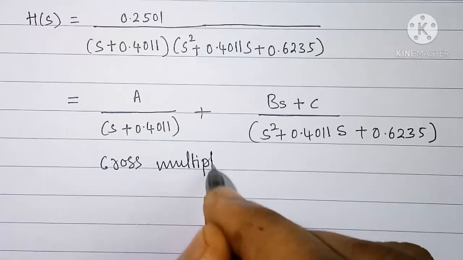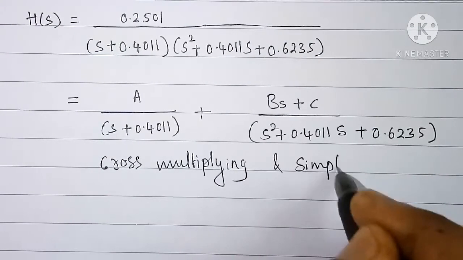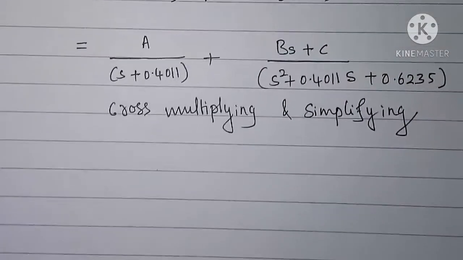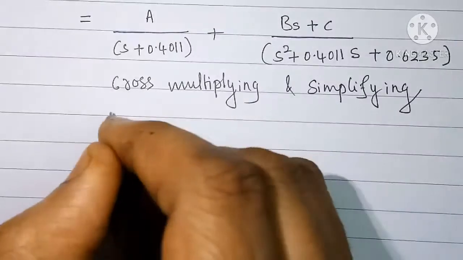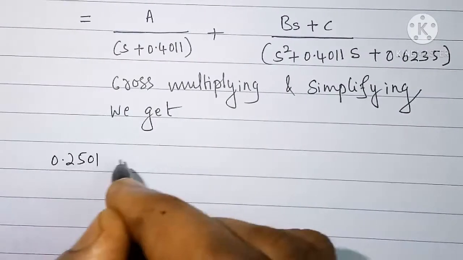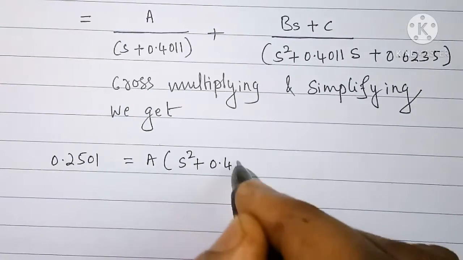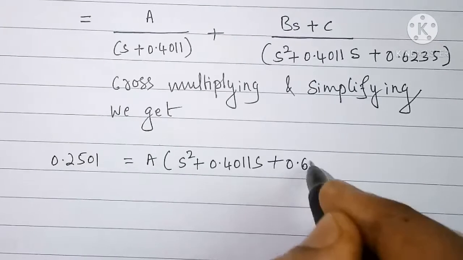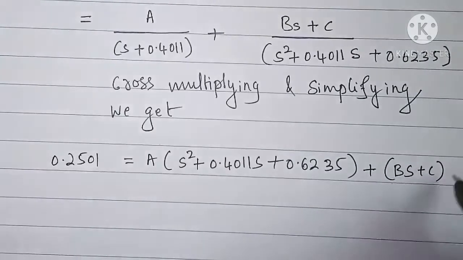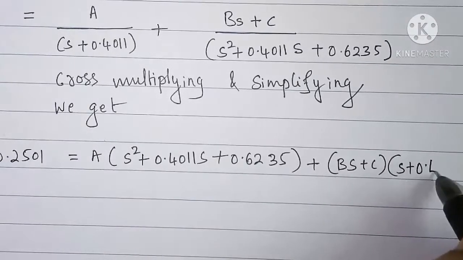Cross multiplying and simplifying, we get 0.2501 equal to a into the bracket s square plus 0.4011 s plus 0.6235 plus (bs plus c) into (s plus 0.4011).